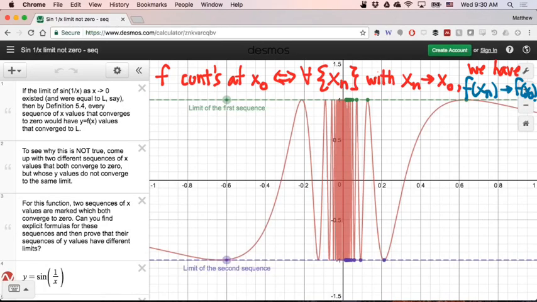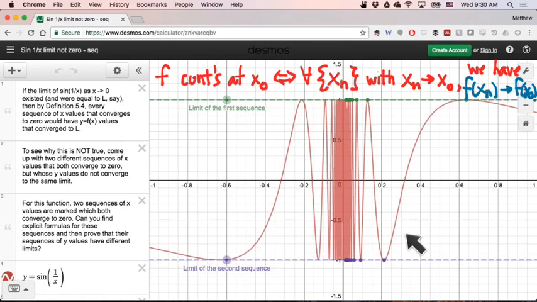Or at least, at minimum, that they all converge to the same limit value, right? So in other words, if any sequence of x values converges to x naught, then its corresponding sequence of y values converges to f of x naught.